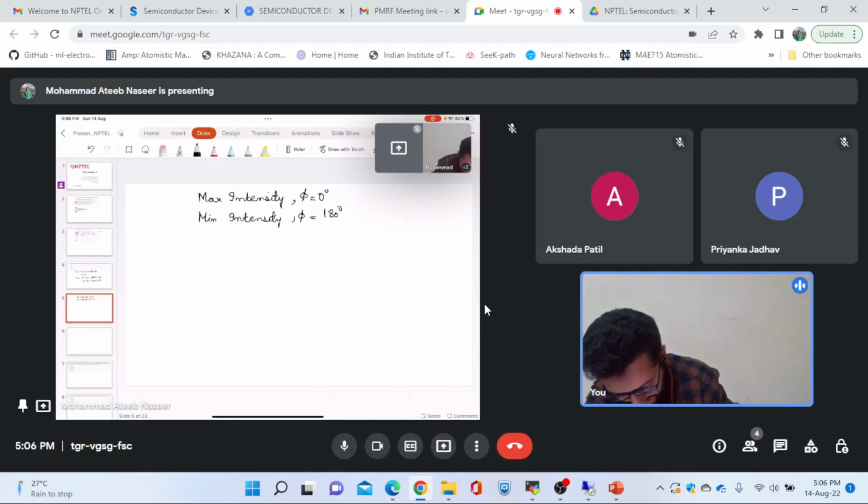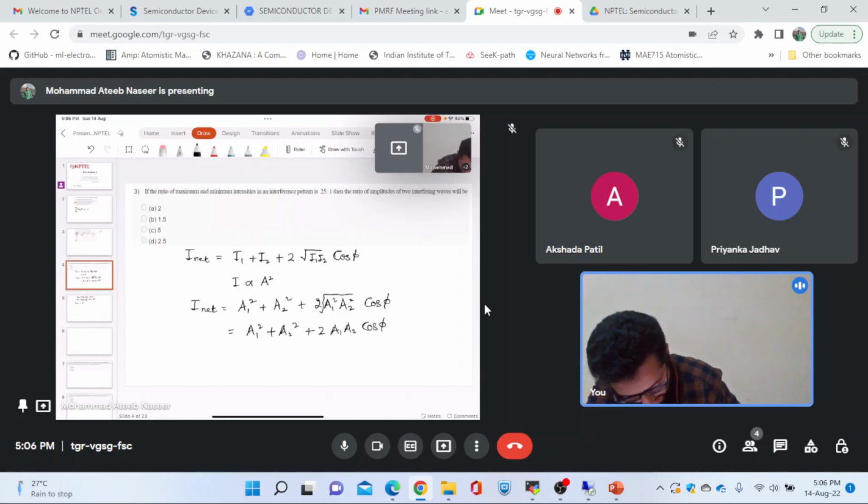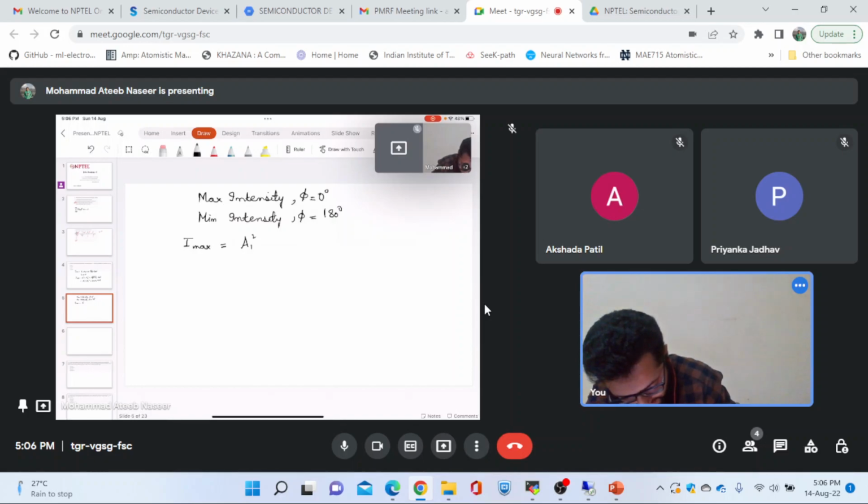So we can write I max, when it is cos of 0 degrees, as simply A1 squared plus A2 squared plus 2 times A1 A2 cos of 0, and we know cos of 0 will be 1, so this will simply be A1 squared plus A2 squared plus 2 times A1 A2.